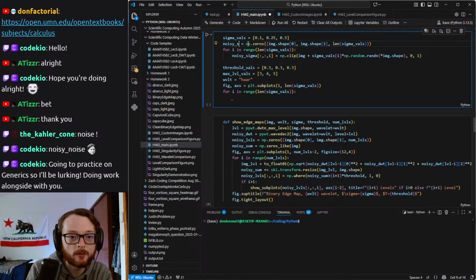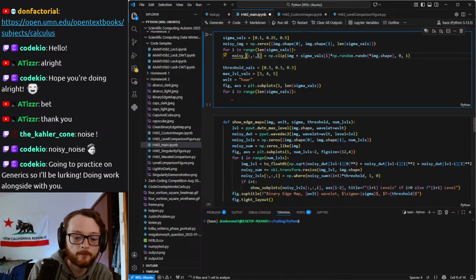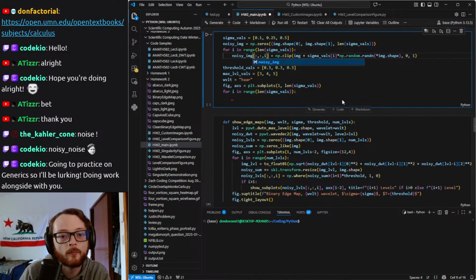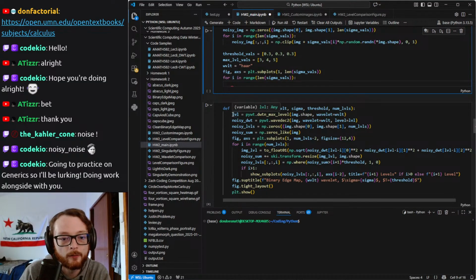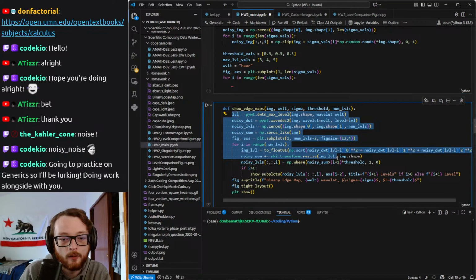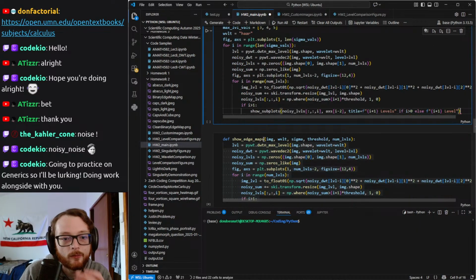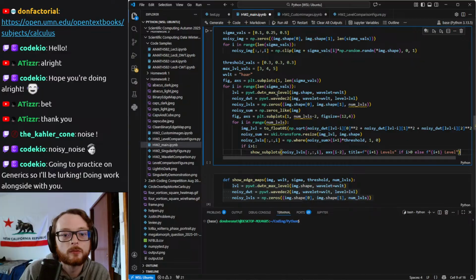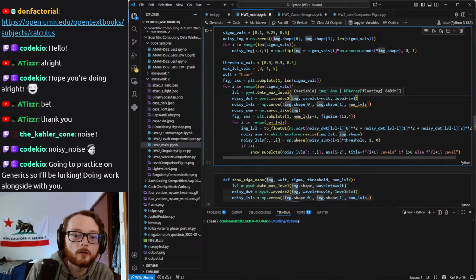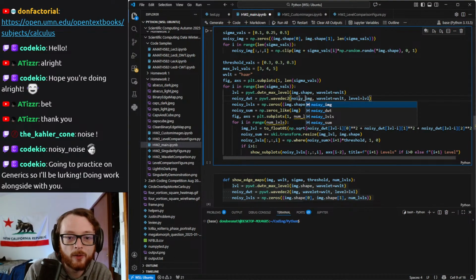Oh wait, I should make it noisy img, it's a better variable name. Just copy and paste and see what we want to change. My variable names are really bad.